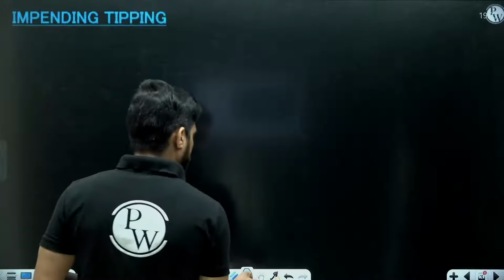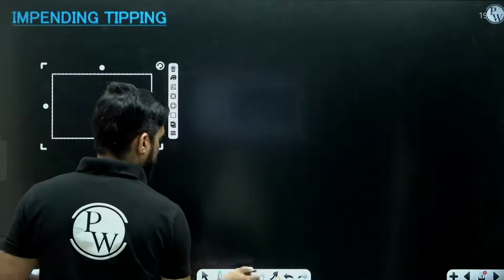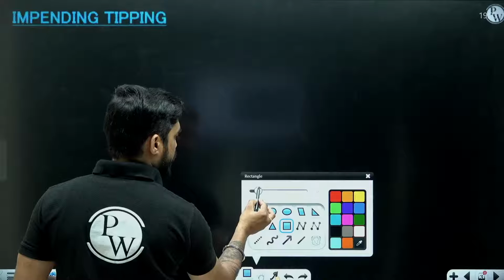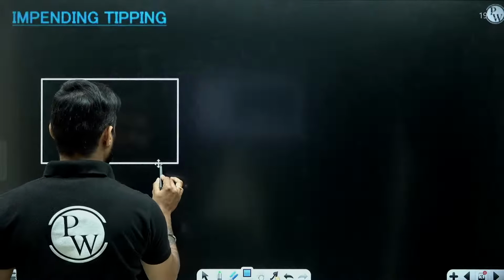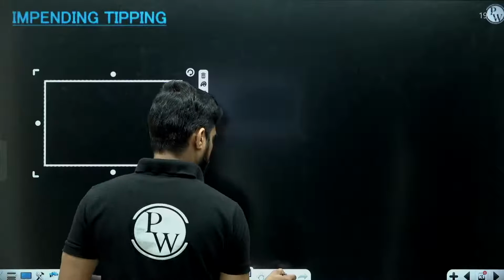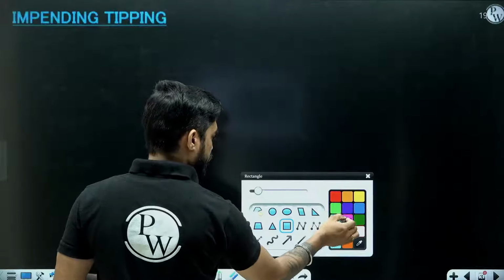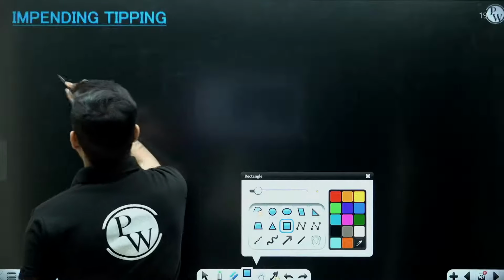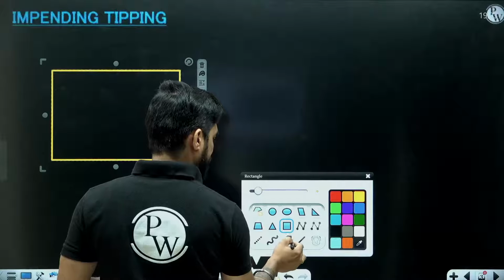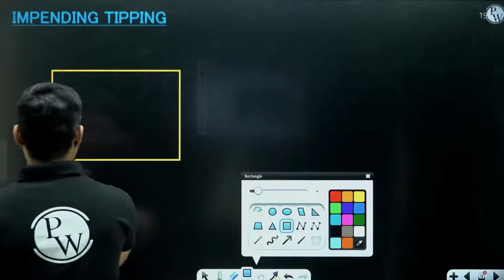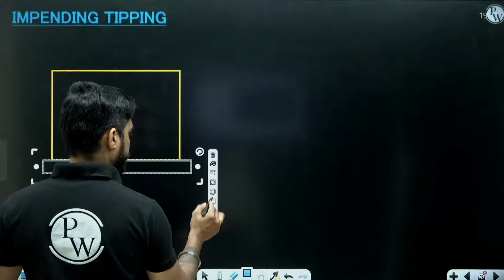Let's understand from the engineering mechanics point of view what is the difference between these two. So let's say we have a box which is resting on a horizontal surface.